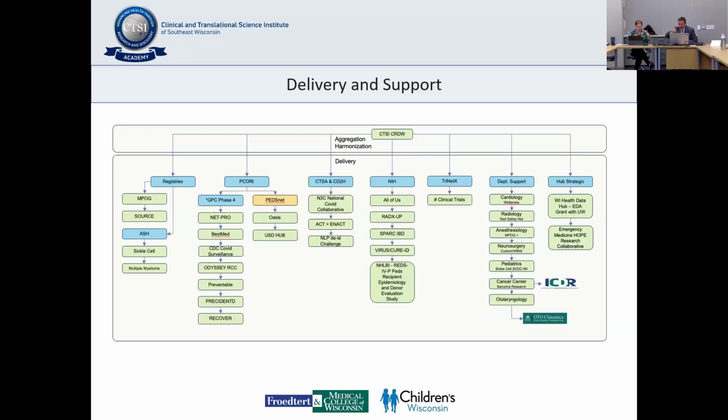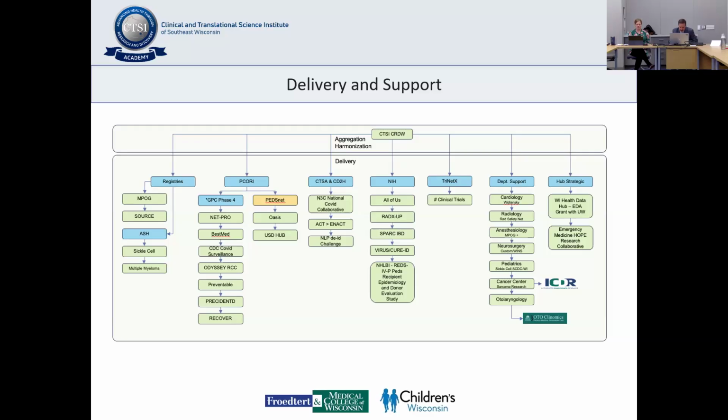We're a full member of the blue one, which is the GPC, or Greater Plains Collaborative, and I'm an MPI. We're not only a site, I'm an MPI on the network for GPC. The yellow one is PEDSNet. We participate in a number of studies through PEDSNet, but we are not a formal member. We're waiting for Children's to decide whether they want to continue moving forward with that or not.